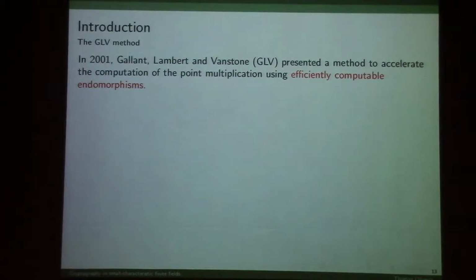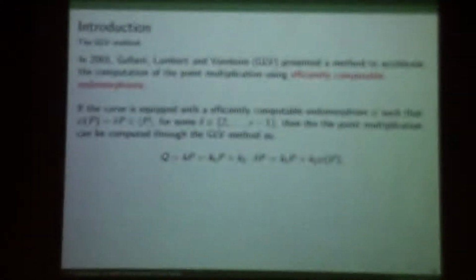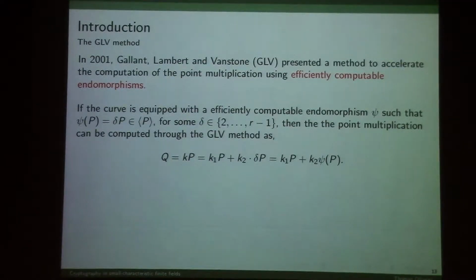In 2001, these three researchers, Gallant, Lambert, and Vanstone, presented a method to accelerate the computation of scalar multiplication using an efficiently computable endomorphism. If you have a curve equipped with an efficiently computable endomorphism, let's say psi, then applying psi to P is the same as performing the scalar multiplication delta times P, for some delta between 2 and r minus 1.